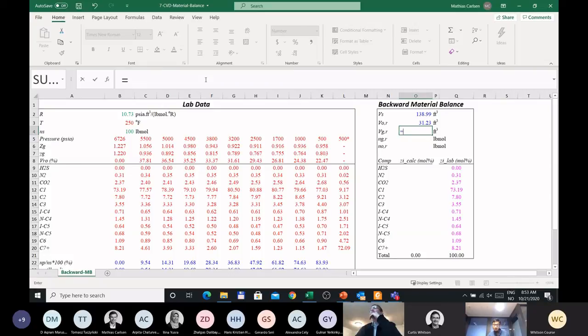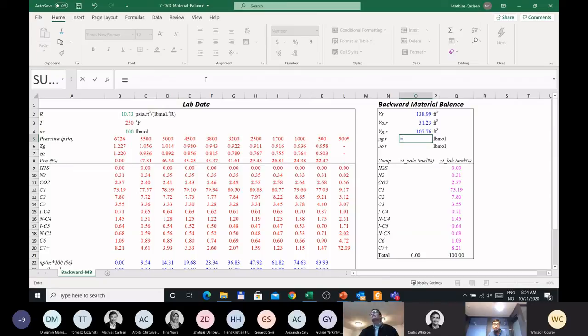And then the volume of the gas phase at 500 psi will simply be the total volume minus the oil volume at residual pressure. The gas volume, we know, and now we want the gas moles present at 500 psi. We can simply use PV equals nZRT.